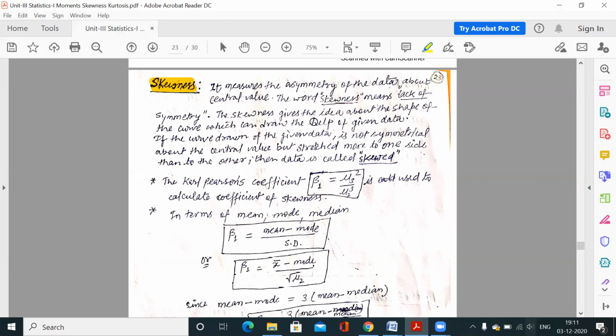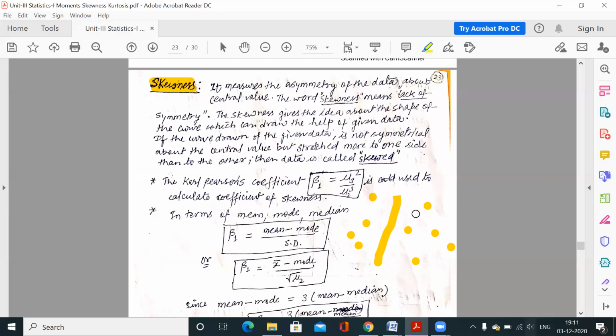Suppose we have one central value like this. Some points of the data are here, and some points are here. So we compare, if this is your central value, how many points are on the left hand side, meaning less than this central value, and how many points are greater than this central value.